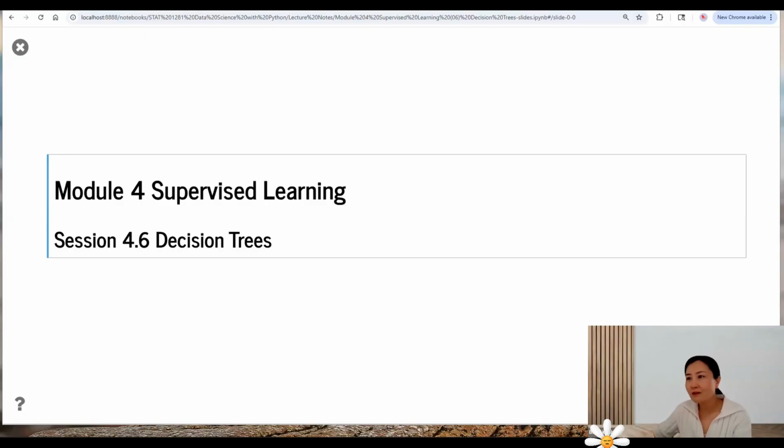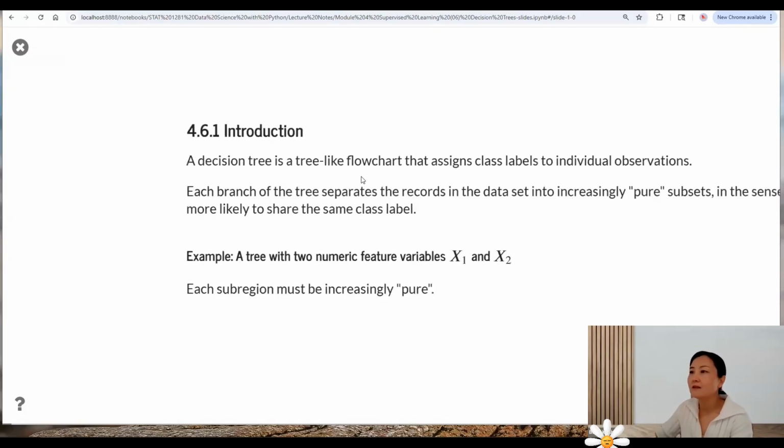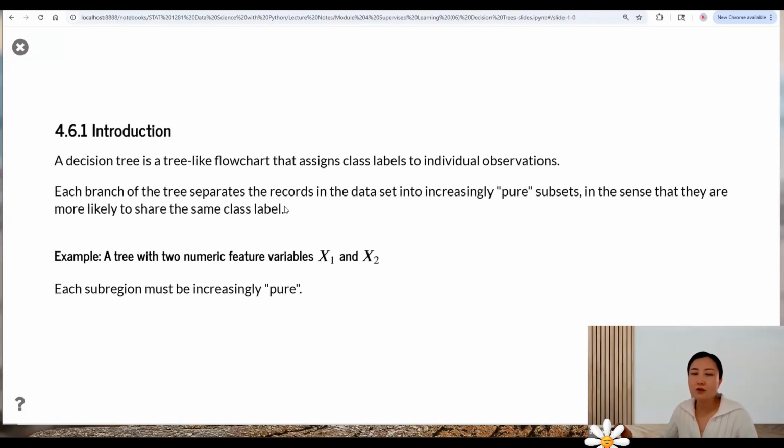So today we will continue to talk about supervised learning, and we'll talk about decision trees and random forest if we have time. Okay. All right, let's start with decision trees. So a decision tree is a tree-like flowchart that assigns class labels to individual observations.